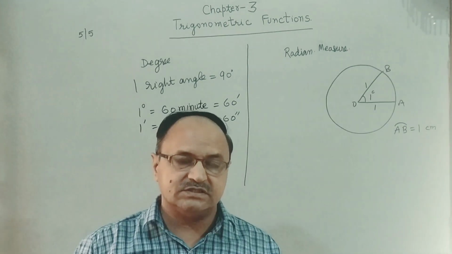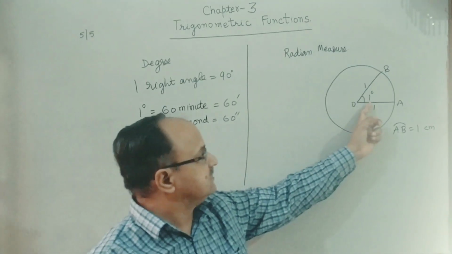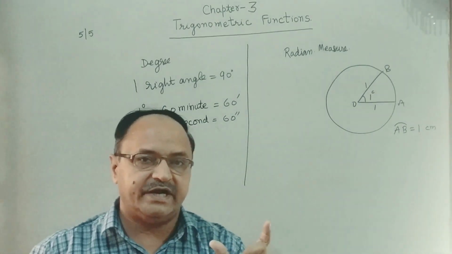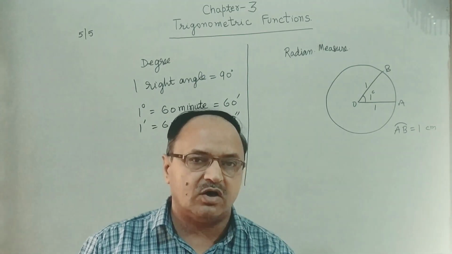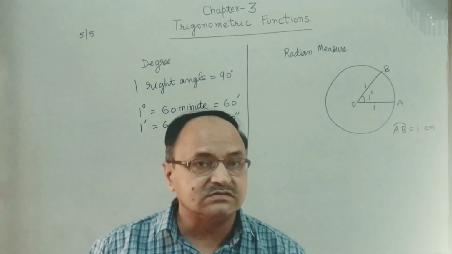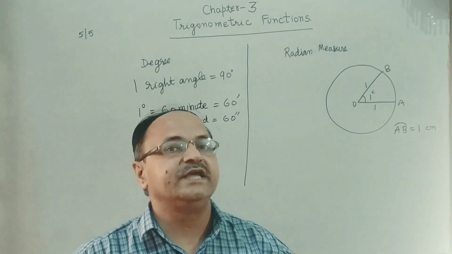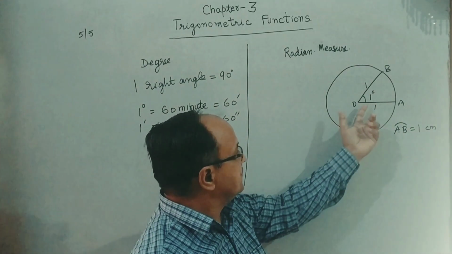Clear? This is the definition of radian. Again, radian is an angle subtended at the center of the circle by an arc whose length is equal to the radius of the circle. Clear?